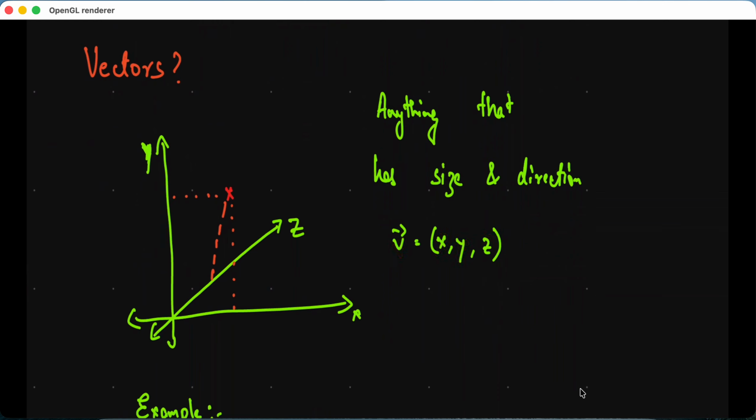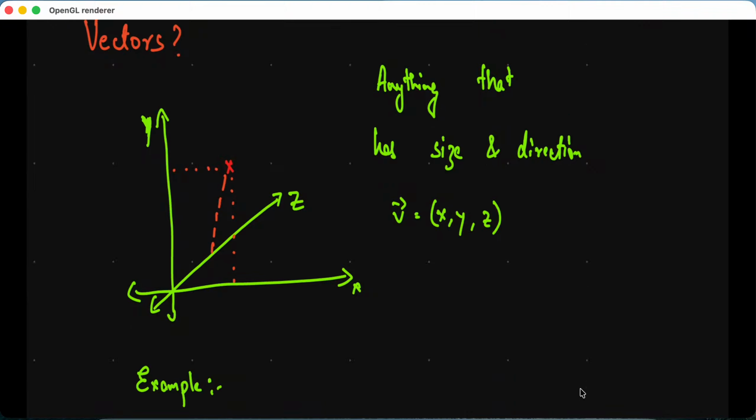It is telling us to move in the x direction, let's say x is 3, move 3 steps forward in x, 4 steps forward in the y direction, and for z move 5 steps forward in the z direction. So that is how we reach a point in a coordinate space.